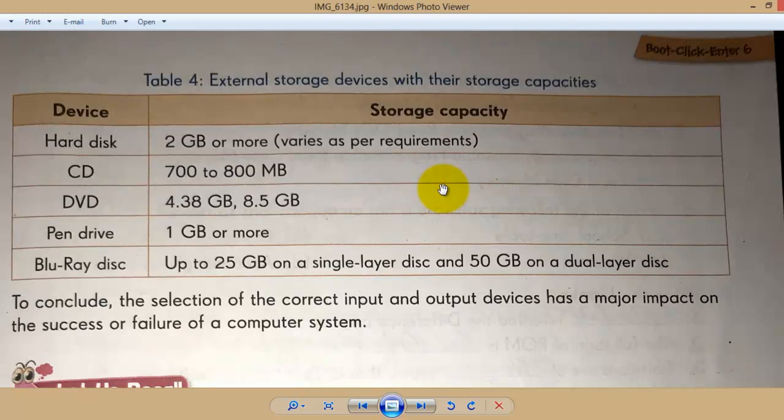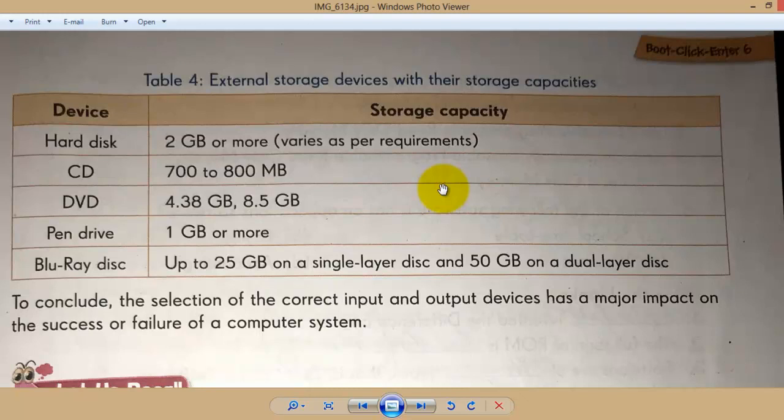Hard disks, up to 2 GB and more. Up to 2 GB and more we can store all the files and information and data. And CD up to 700 to 800 MB, only MB, not even 1 GB. So it's very less.